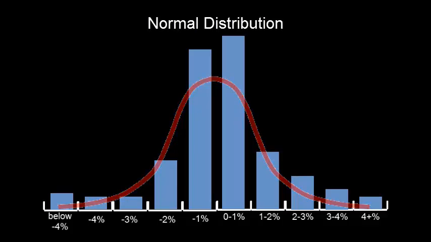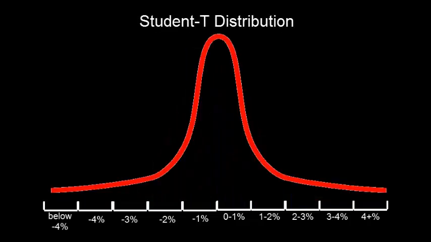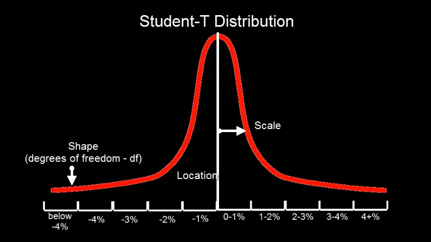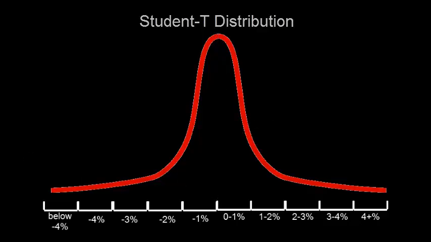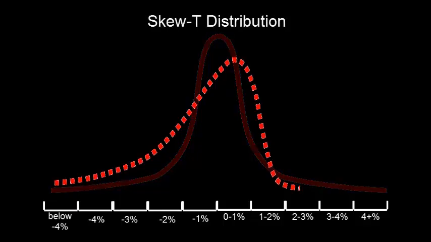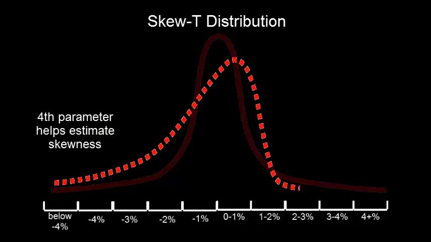For example, the student t distribution has 3 parameters: location, scale, and shape, or degrees of freedom. The first 2 are similar to the normal distribution's mean and standard deviation. This third parameter, the degrees of freedom, allows for fat tail estimation.